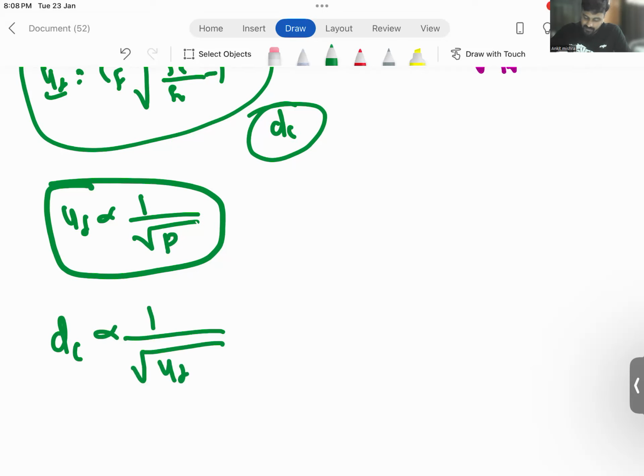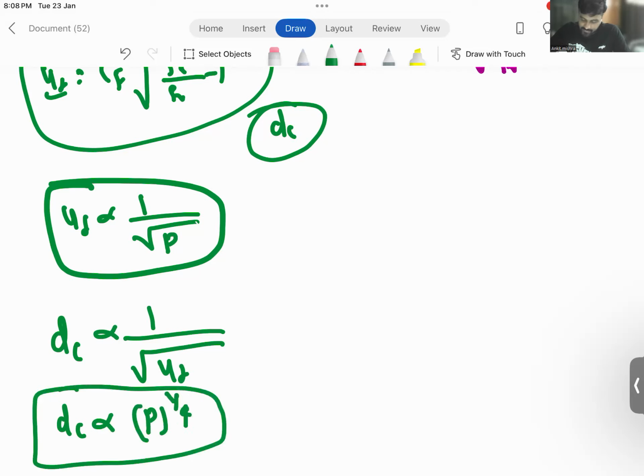So the diameter of the column is directly proportional to pressure to the power 1 by 4. If you change the pressure of the distillation column, the diameter will change by the power of 1 by 4.